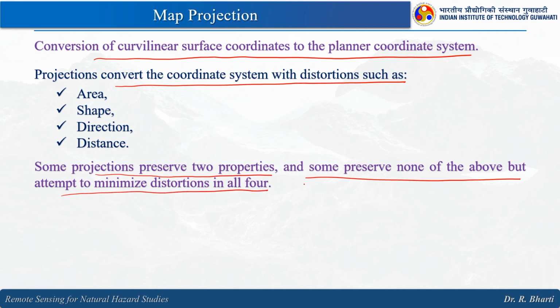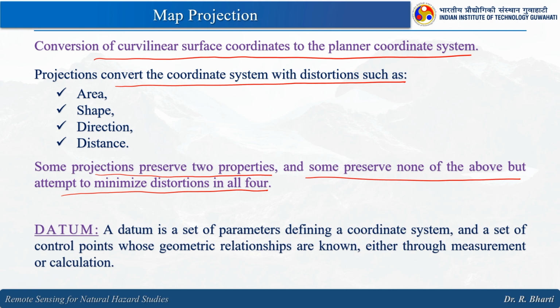We will have a brief introduction about map projection because time is limited in this particular course for GIS. If you are interested, then you can refer to my videos from the remote sensing and GIS course where map projection is explained in detail.